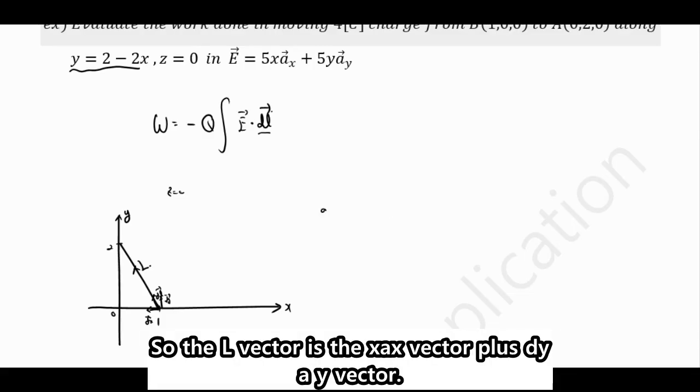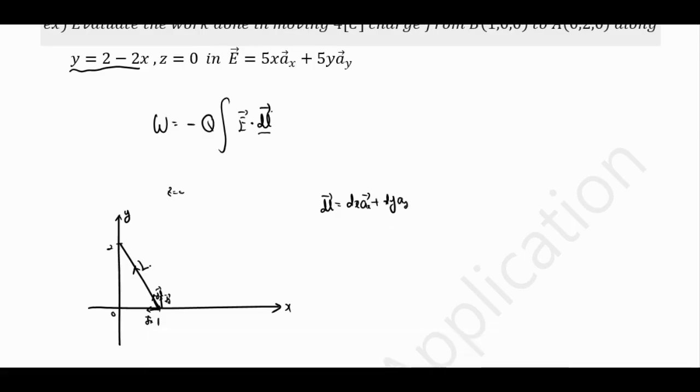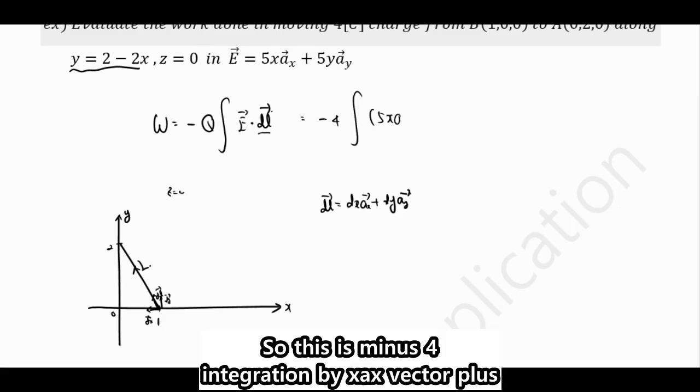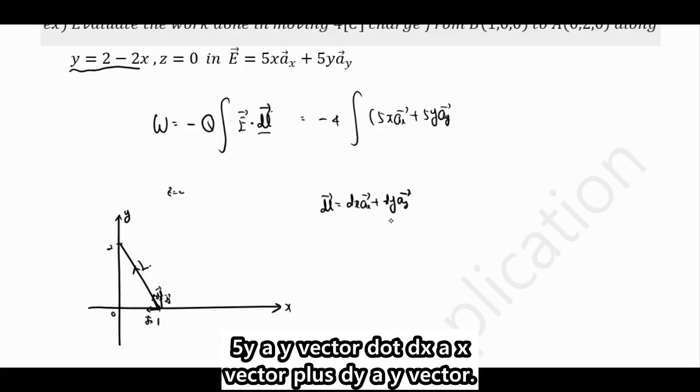So the dL vector is dx a_x vector plus dy a_y vector. So this is minus 4 integration 5x a_x vector plus 5y a_y vector dot dx a_x vector plus dy a_y vector.